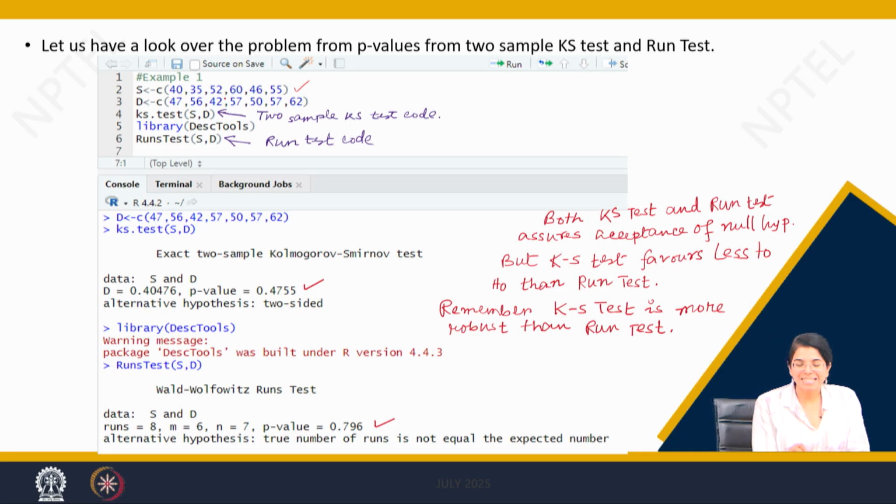S is equal to your first sample observation, D is the second sample observation, and you know the syntax of the Kolmogorov-Smirnov test in R. It is just ks.test, ks.test(S, D). Earlier, when we dealt with the one sample Kolmogorov-Smirnov, the second argument was filled by the distribution function of a known distribution like pnorm. Remember?